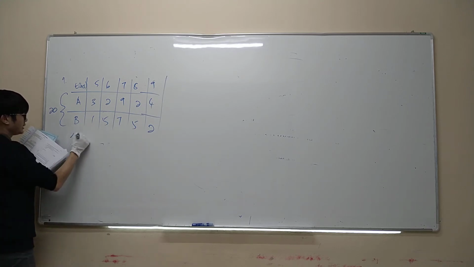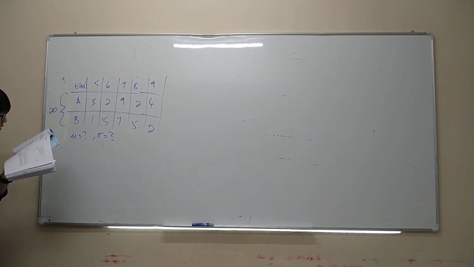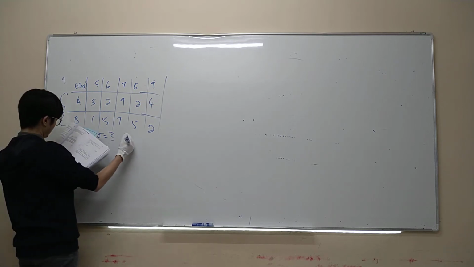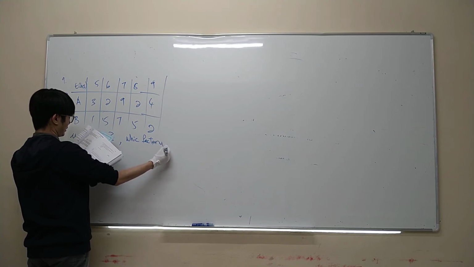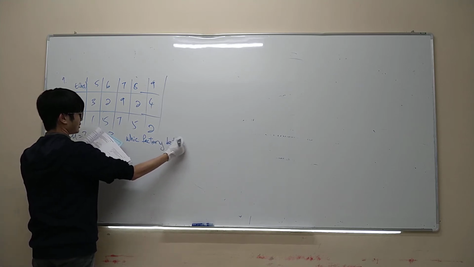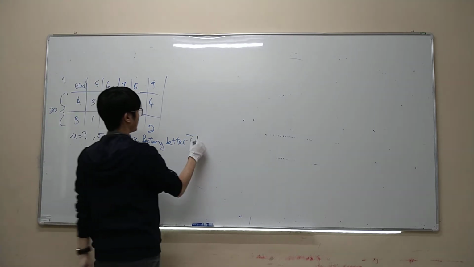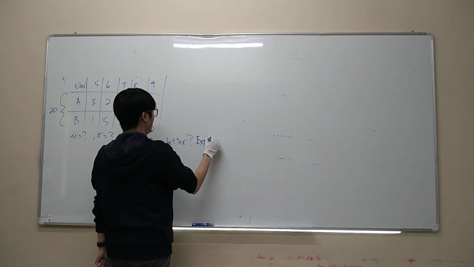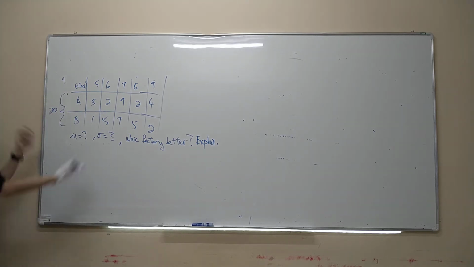Find the mean and the standard deviation of time taken from A and B, and then which factory is better. Okay, and then explain. Okay, so this is the question.